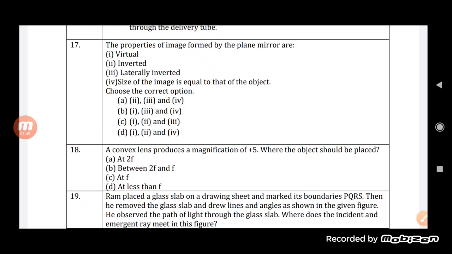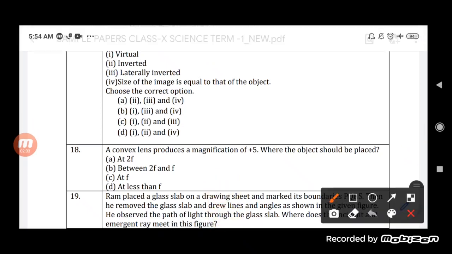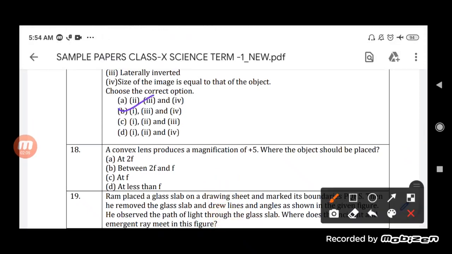So according to that, option first, third and fourth are correct. When you look at the correct option here, B is the correct option, in which first, second and fourth, all three are the correct options here.